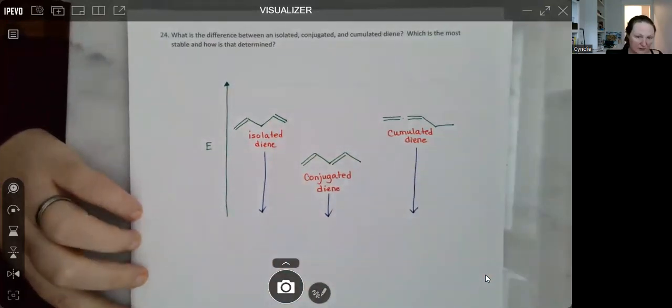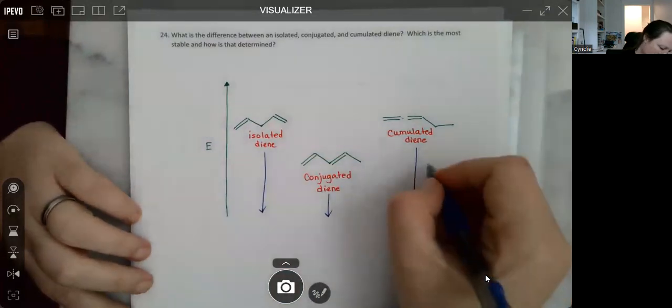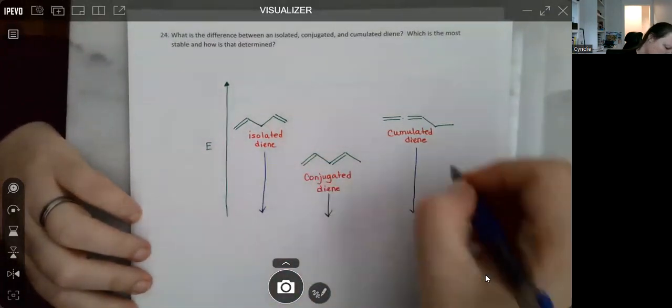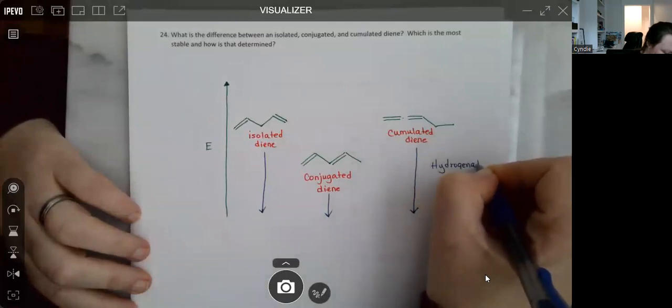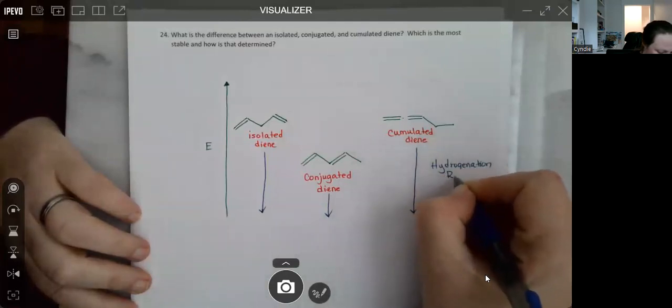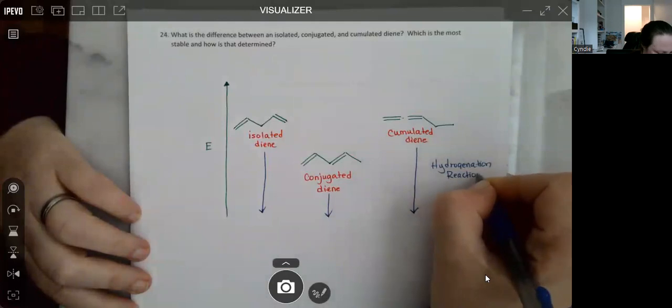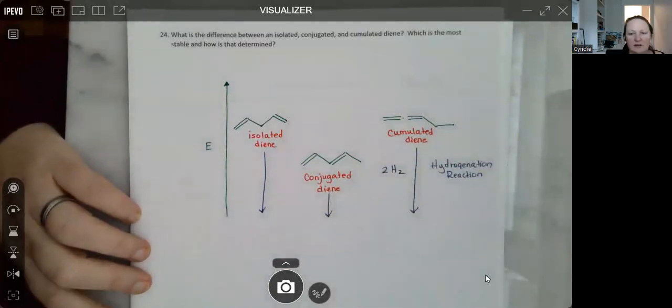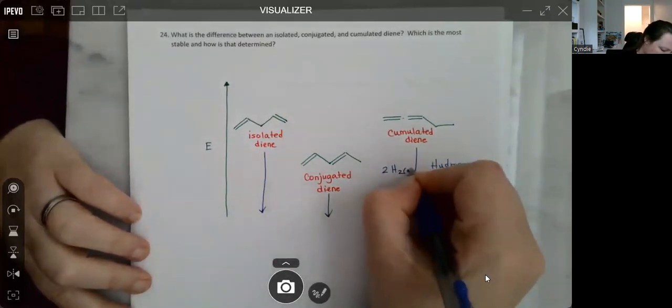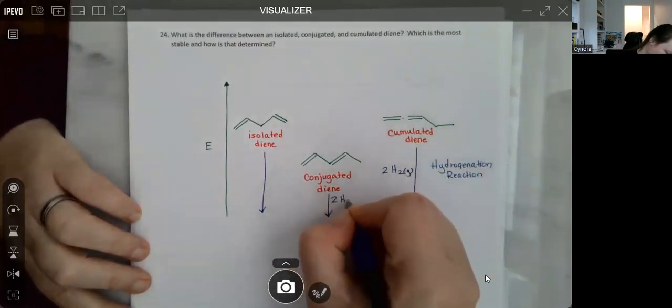And we would add in 2 moles of H2 gas. So I'm going to write out the hydrogenation reaction. Right. So 2 moles of hydrogen gas, which we would use in all cases.